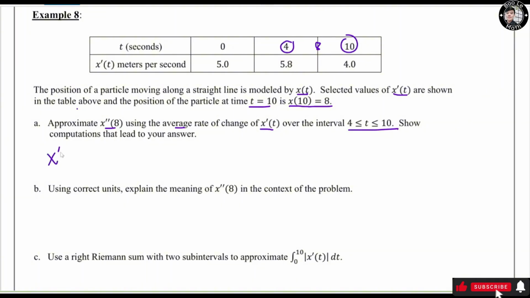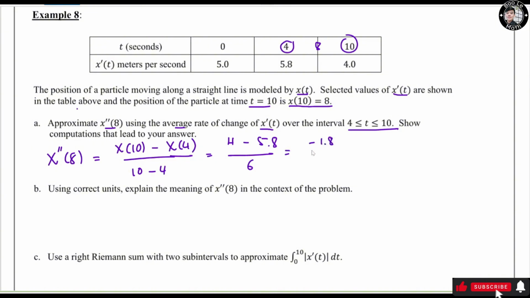So s double prime of 8 equals s prime of 10 minus s prime of 4 over 10 minus 4. So it could be 4 minus 5.8 over 6. So it could be negative 1.8 over 6. It could be negative 0.3. Now, question B. Use the correct units.